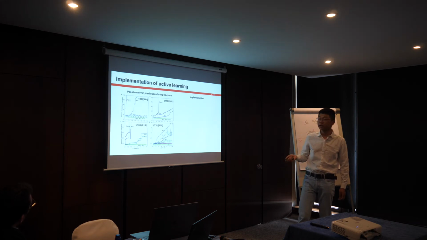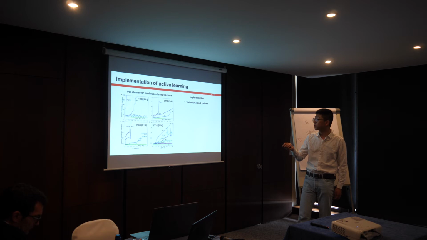So then we apply this algorithm to two crack systems shown here. This is the predicted error plotted as a function of the stress intensity factor. And this iter means the active learning iterations. This is the crack plane, and this is the crack front.